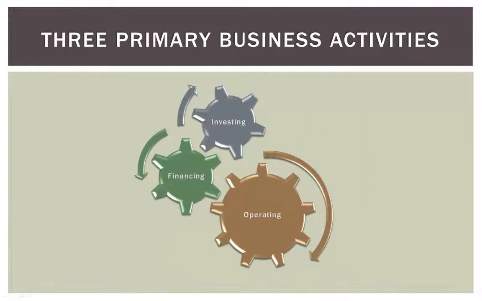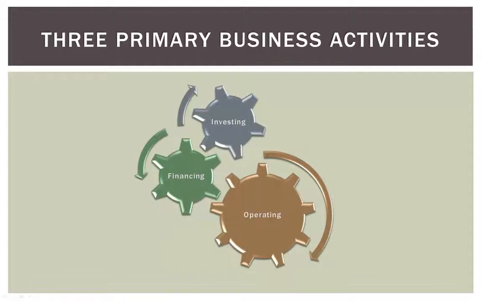Now remember in my first video that businesses are involved in 3 primary activities: their operations, their financing activities, and their investing activities. And just to review, the operating activities are sort of the day-to-day selling of products or services, and then the cost associated with producing those services or products.